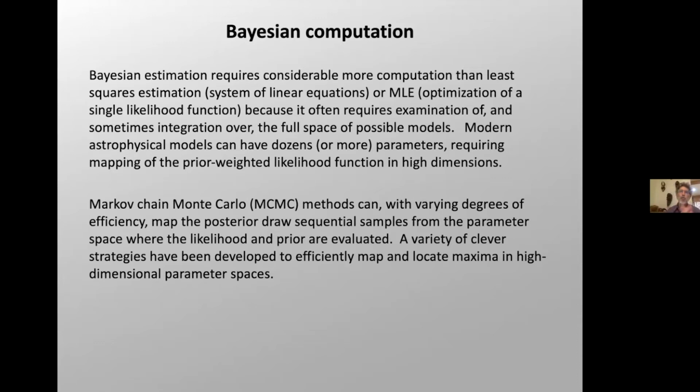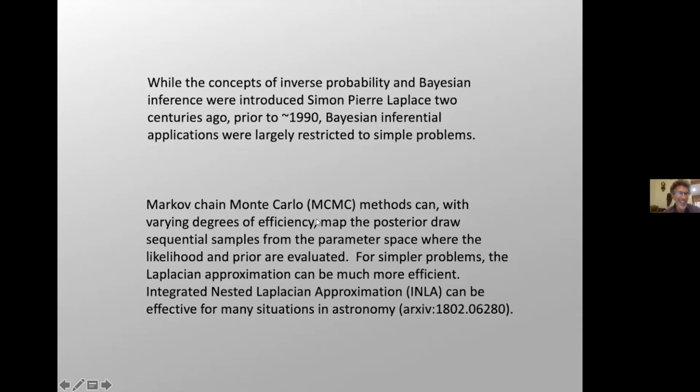They invented rules for the jumps. And the rules were trying to help us in higher dimensions to map out a nonlinear function, in this case the posterior of Bayes' theorem, to efficiently map and locate maxima in high dimensional parameter spaces. It wasn't obvious that Markov chain Monte Carlo could do this, but that was in fact the discovery.